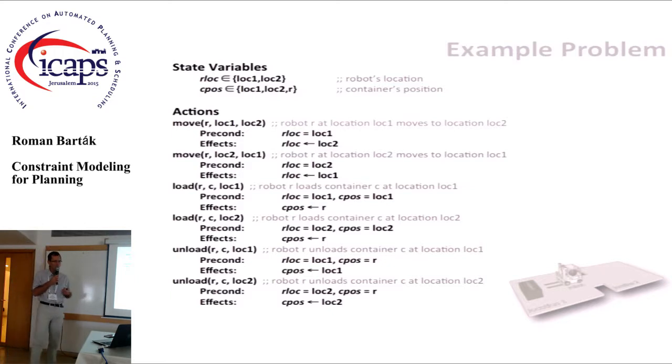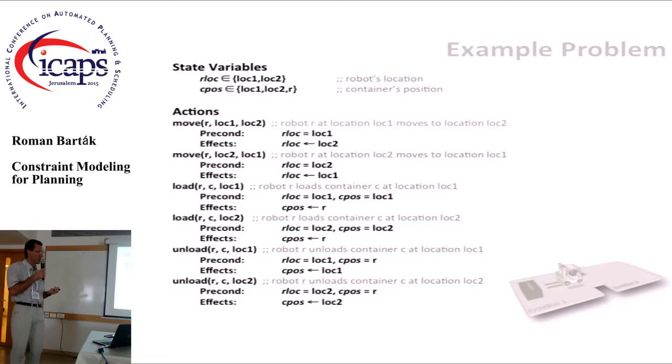So if we now want to model a planning problem as a CSP, there is one critical problem: in planning we don't know in advance how many actions will be in the plan. But in CSP we need to define all the variables in advance, all the domains, all the constraints, right?